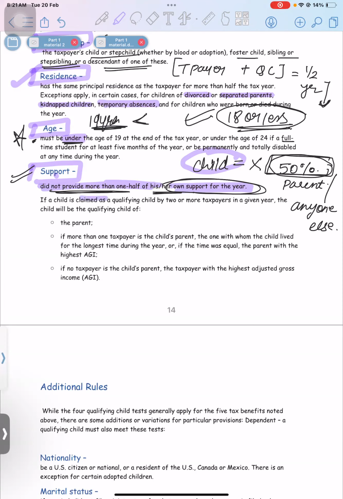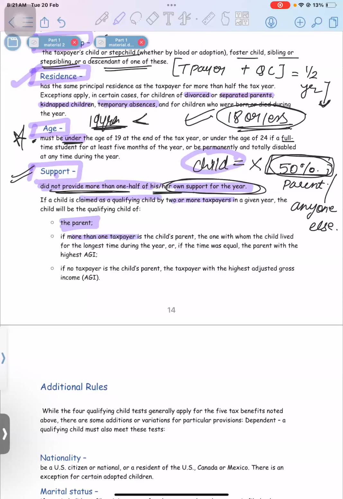If a child is claimed as a qualifying child by two or more taxpayers, we have to make the child qualifying for only one taxpayer. The child will be a qualifying child of the parent.